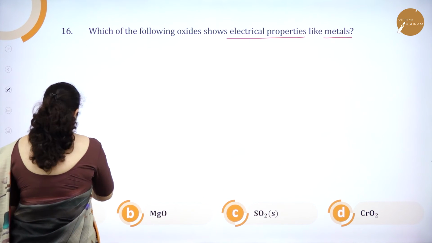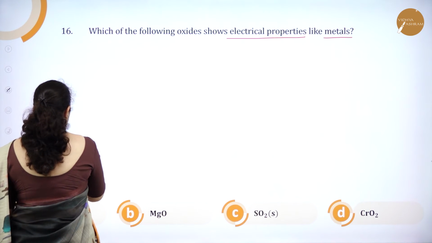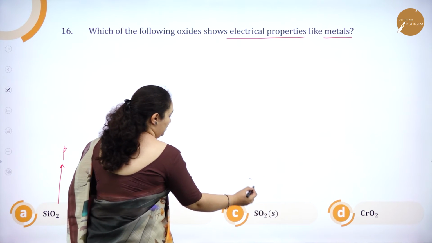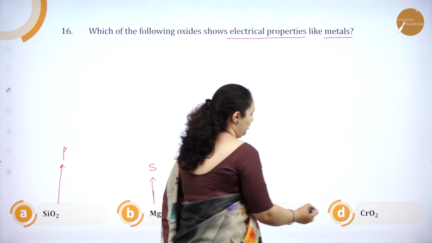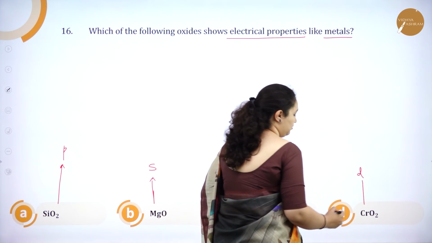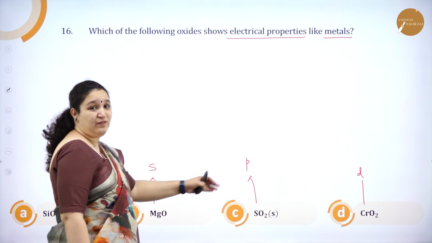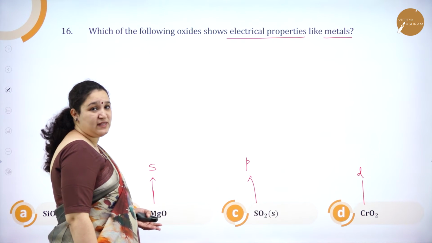Silicon dioxide belongs to P block, magnesium belongs to S block, sulfur dioxide also belongs to P block, and chromium belongs to D block. Sulfur dioxide is a non-metal oxide.